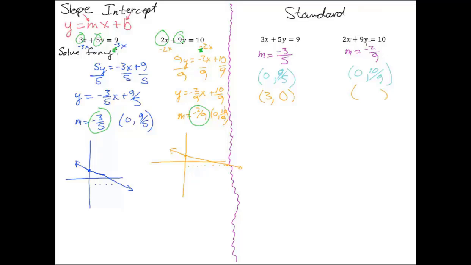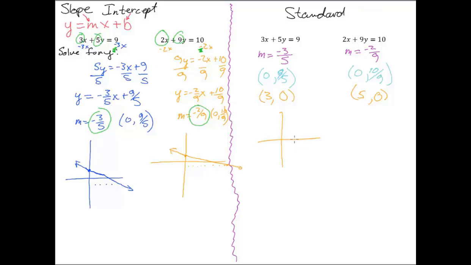And on this one, if we were to stick in 0 for y to get the x-intercept, that guy's gone, and can you see that? X equals 5. So you can graph 0, 9/5, just like we did over on this other one.